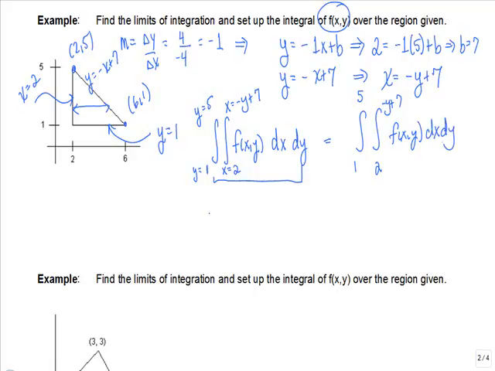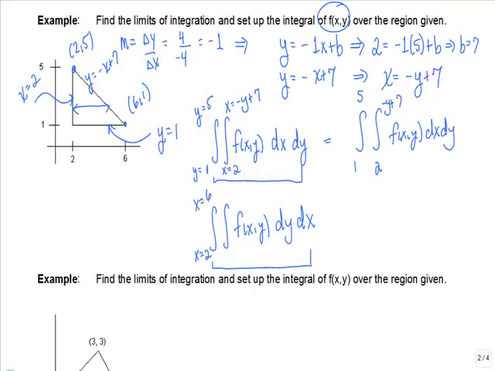Now if I reverse the limits, just to show the second option, I'll be going dy dx. Outer limits are x's this time. So I would look and I'd say, what's the smallest number x uses? And that's x equals 2. What's the largest number x that region uses? That's x equals 6.